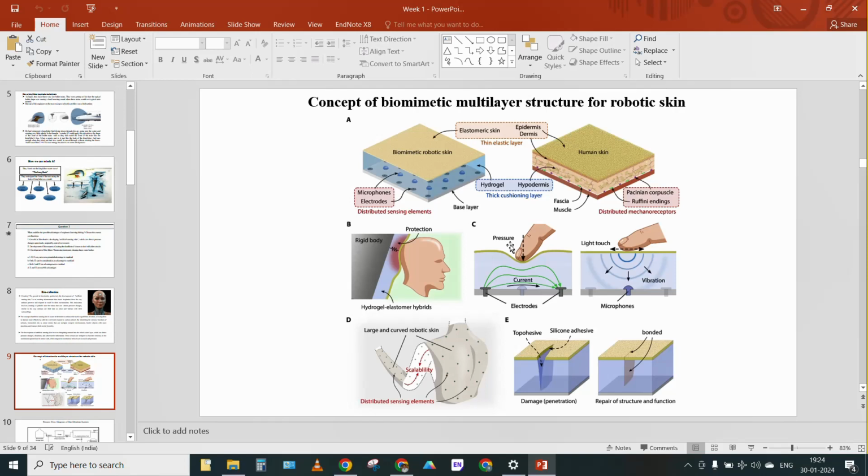Also, dynamic tactile stimuli can be measured by detecting vibrations generated on the surface and transmitted through the multilayer structures. In figure D, it is a scalable design based on distributed sensing elements with large and overlapping receptive fields. And in figure E, it is a biomimetic robotic skin which can be repaired with an adhesive after damage, so its structure and function are restored.